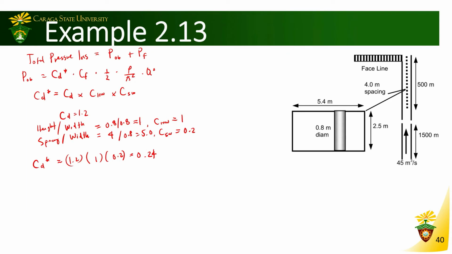We could also compute for the frontal area, A, which is equal to 2.5 times 5.4, which is equal to 13.5 square meters. And we know that C sub F is equal to A naught over A, which is equal to 2.0 over 13.5, which is equal to 0.148.